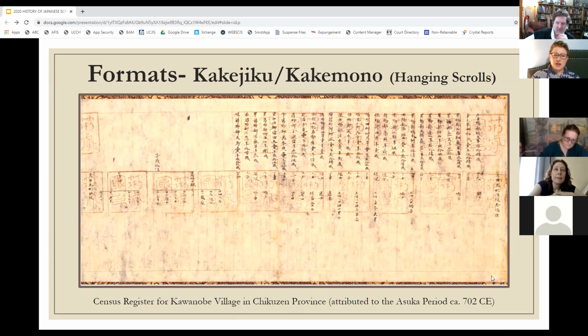But you can see that it's got those seals, those hanko, that are kind of authenticating the writing, and they're saying, yep, this is really what this family is. This is the census, so don't forget this year, do your census. I think it was due this month? Do your census.